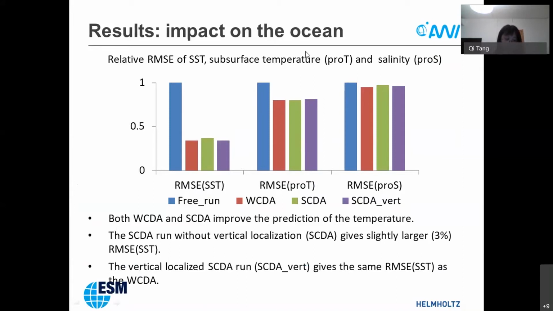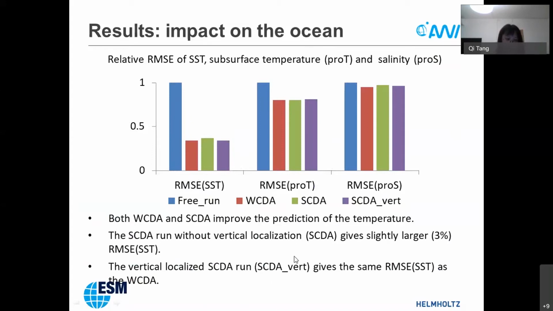Based on these RMSE values, we calculate the relative RMSE to express the improvement compared to the free run. The relative RMSE for the free run is 1. Compared to the free run, both the weakly coupled and the strongly coupled data assimilation improve the prediction of the temperature, and the reduction of the RMSE of SST can be over 60%.